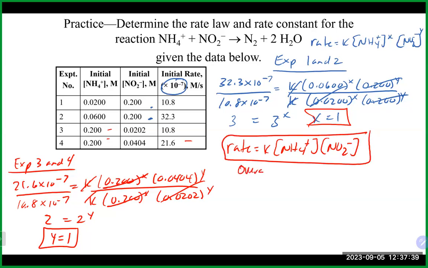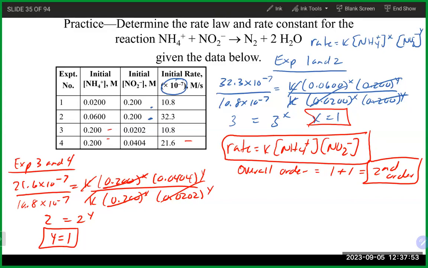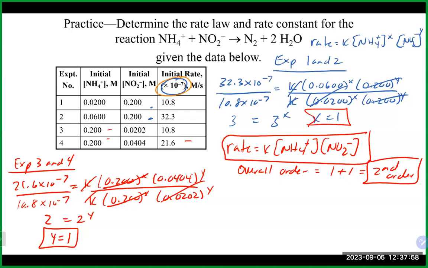Our overall order here is going to be second order by adding those guys together. And now that we have that, we can solve for the value of K. And it is this calculation that, if you miss that number there to begin with, will make a big difference here because you will not have that number in your calculation.